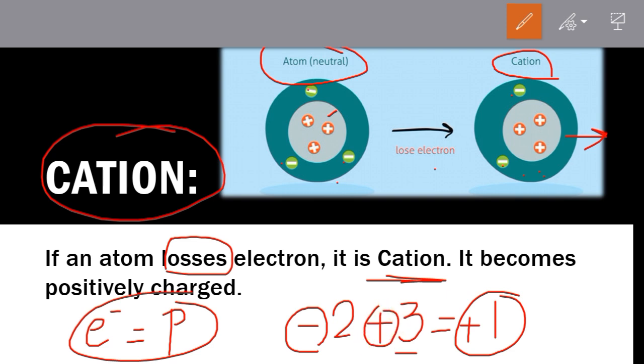If we solve these two with a simple mathematical rule, we know that plus minus comes with subtraction, means we have to subtract both of them. 3 minus 2 comes to 1, and we always put the sign of the greater value, so it is ending up with plus 1 charge. So similarly we are having a positively charged particle.